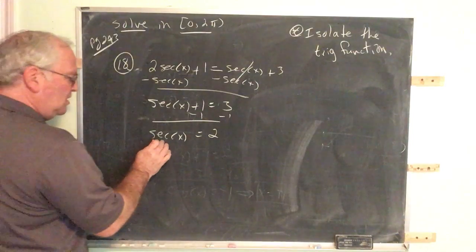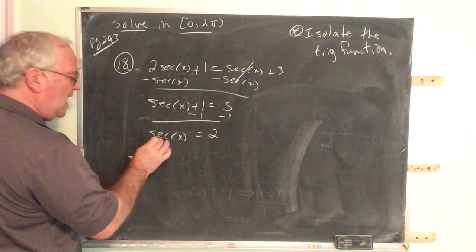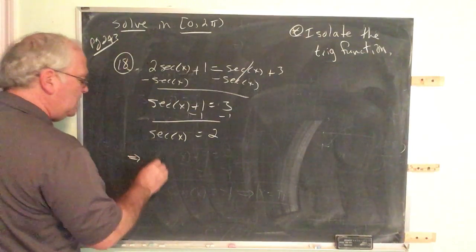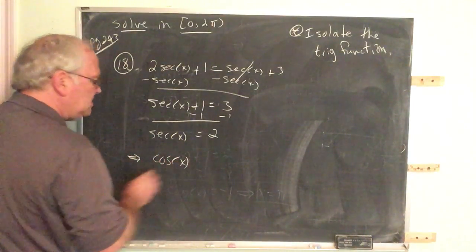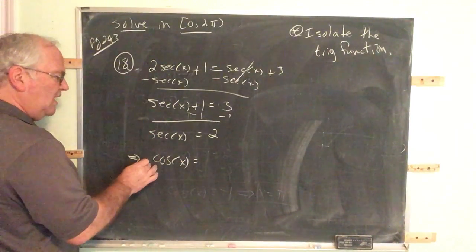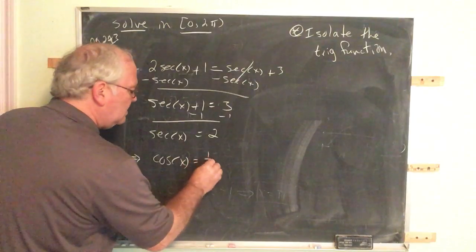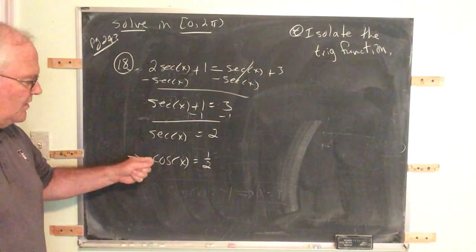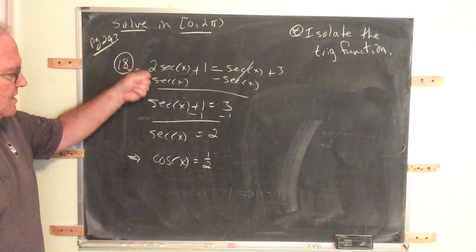The reciprocal of secant is cosine. This is 1 over secant, the same thing as cosine. That's the reciprocal of the left. The reciprocal of the right is 1/2, and now we're going to solve this equation. The solution to this equation is the same as this.